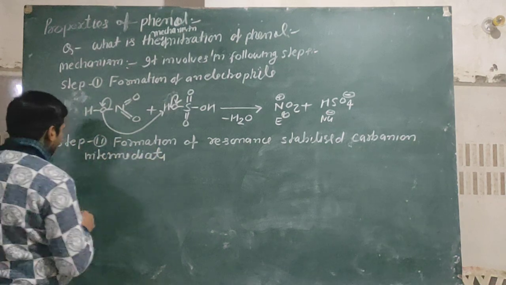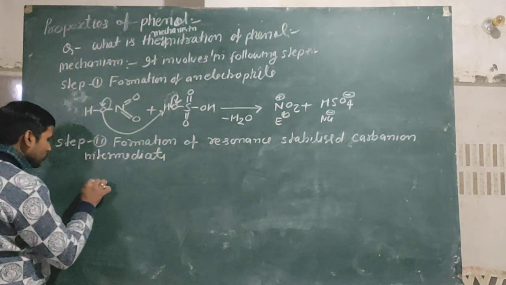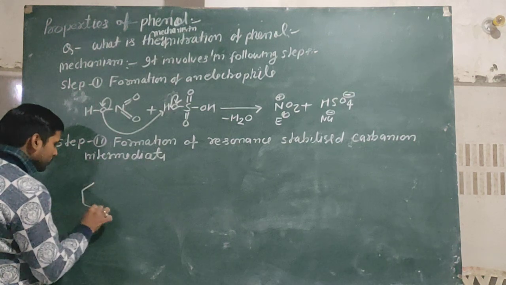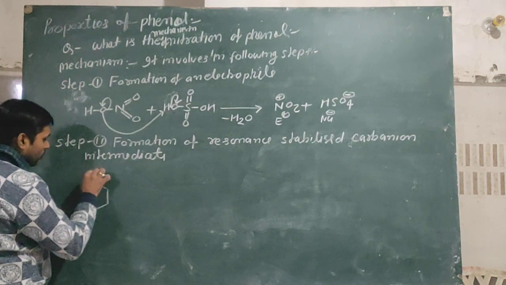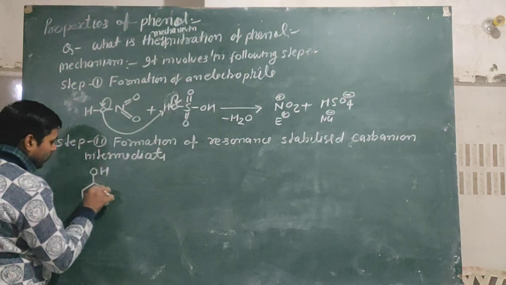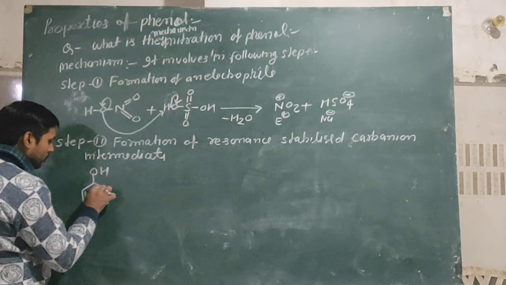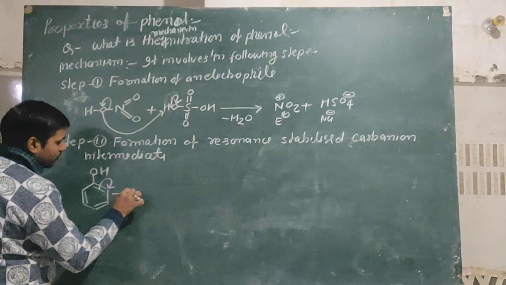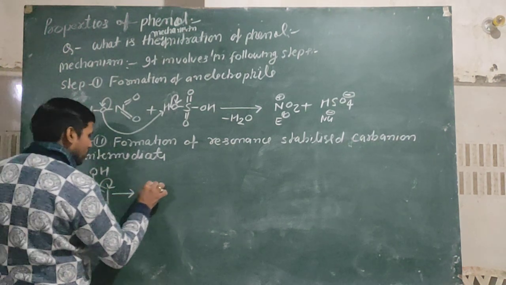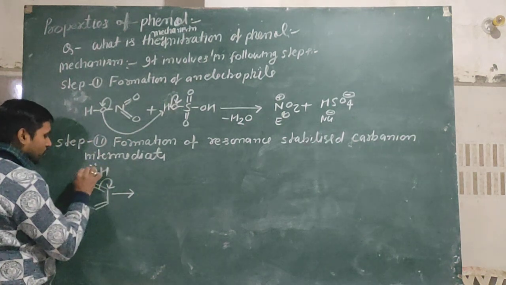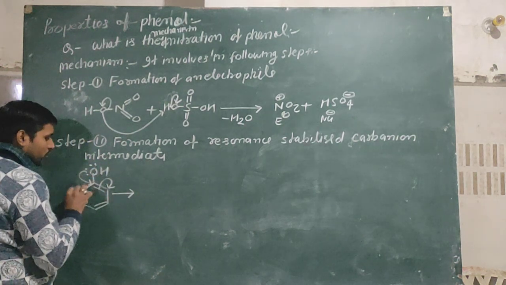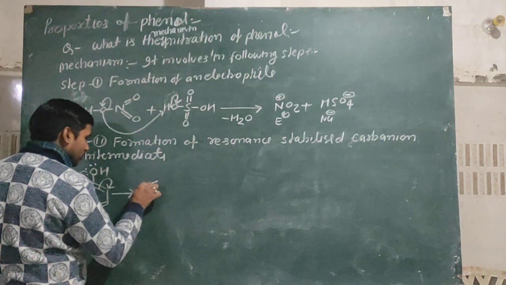How is it possible? You can see here. Firstly, it is a phenol. This bond breaks toward this atom, and this lone pair of electrons of oxygen comes toward the positive charge of carbon.